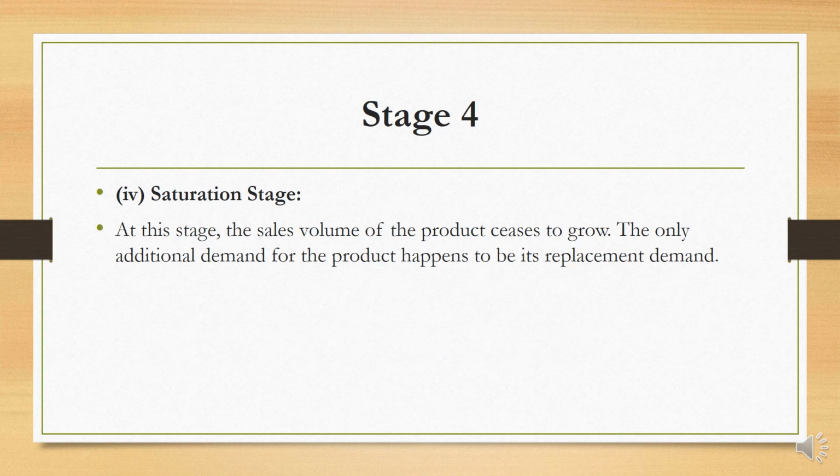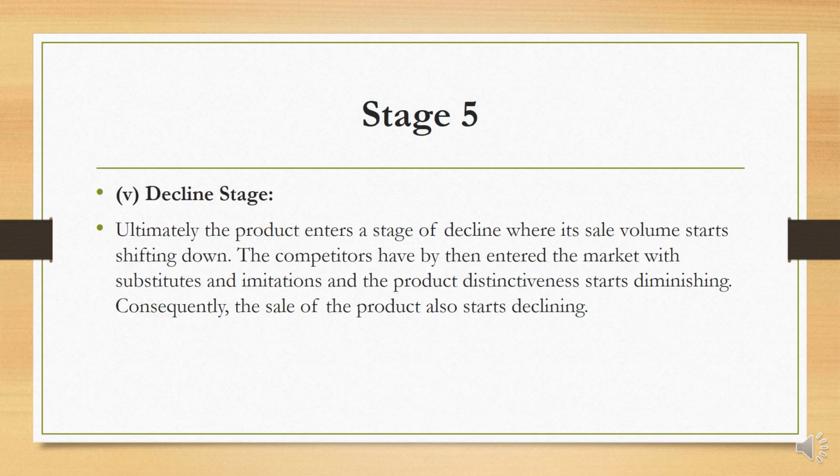Our fourth stage is the saturation stage. At this stage, the sales volume of the product ceases to grow. The only additional demand for the product happens to be its replacement demand. Our fifth and final stage is the decline stage.